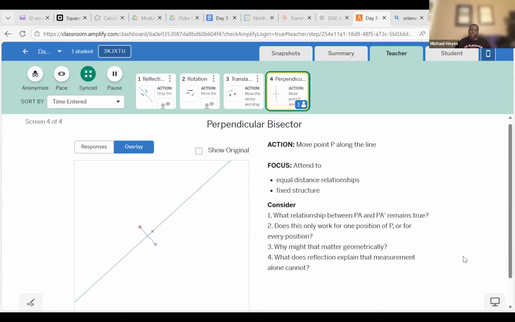This lets us know for sure that we're going to have a bisector, because the distance from A to the line, like you stated earlier, is going to be the same as the distance from A prime to the line, because they have to be the same on both sides of the line of reflection. And then you had also mentioned earlier that you could show that it's perpendicular.